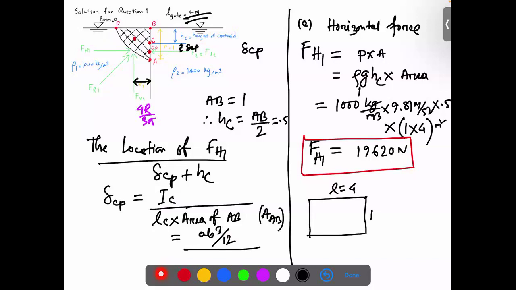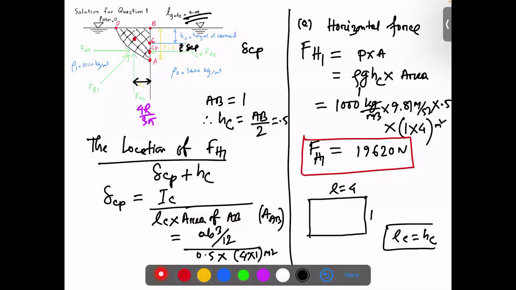And L_c here is basically the length or the height of the centroid. You can say L_c and h_c are the same. So it is 0.5. And the area of AB is 4 into 1 meter squared.